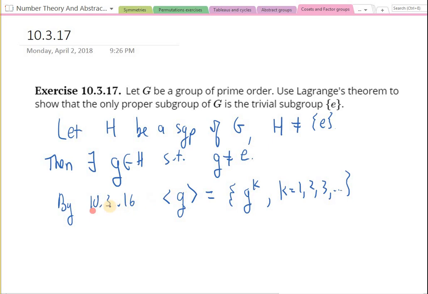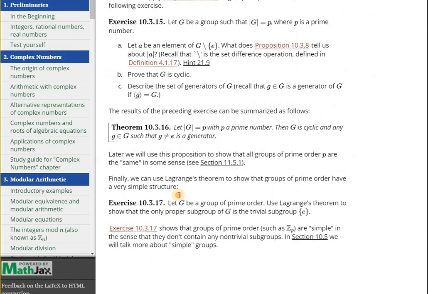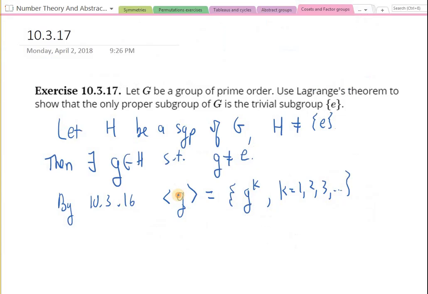However, by proposition 10.3.16, proposition 10.3.16 says that G is a generator of big G. And what that means is this here. What that means is that the orbit of G is equal to big G. That's true.